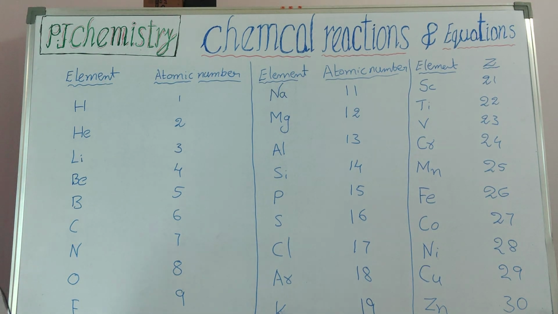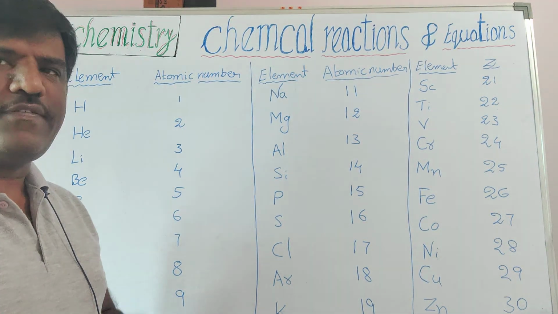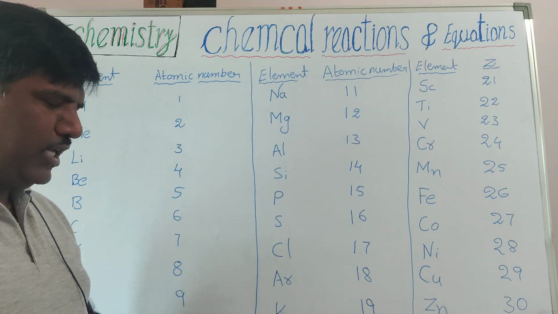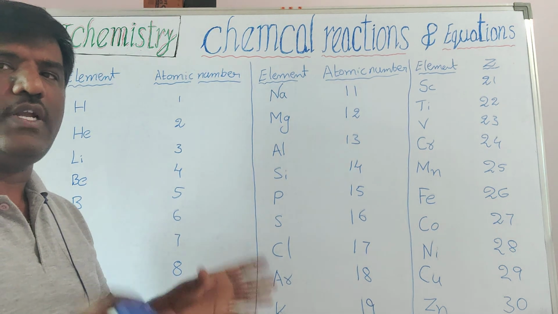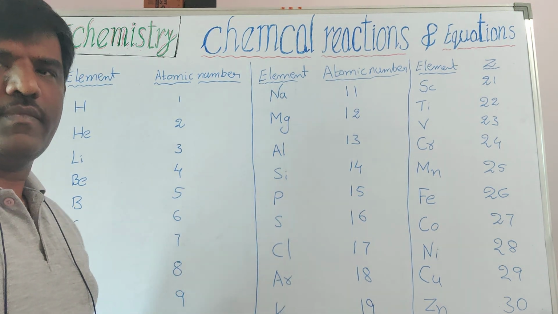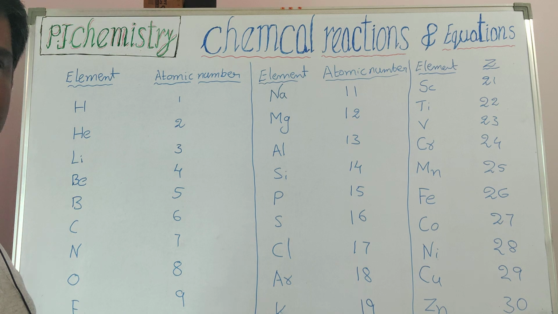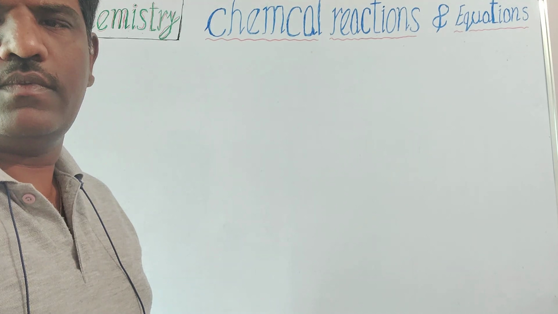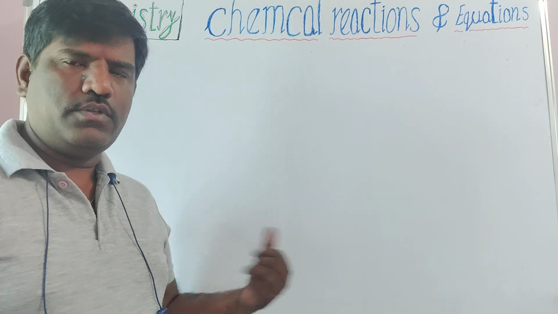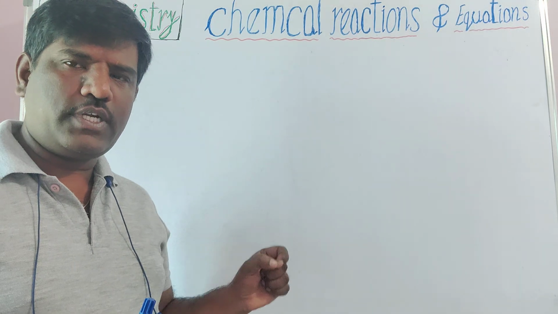So for a small lag, we are going to suffer the entire academic year. Finally, we will feel chemistry is difficult. So those elements, atomic numbers 1 to 30.